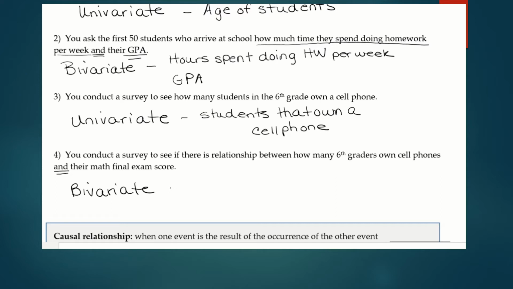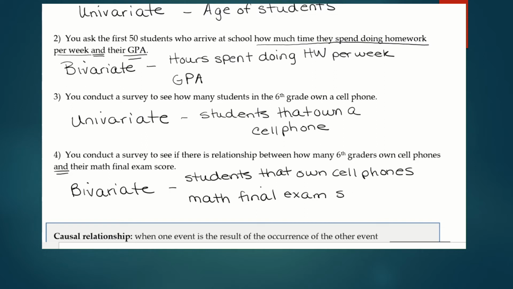So in this case, we're comparing students that own cell phones and their math final exam score. Okay, so if you own a cell phone, does that ultimately mean that you have a higher math final exam score? Who knows?